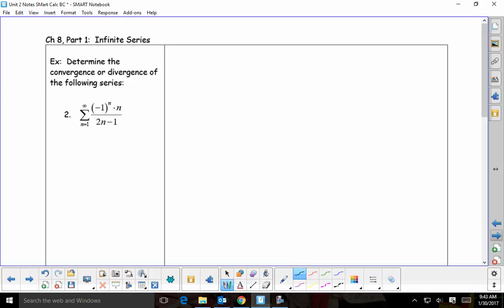Try this one with your buddies. Isn't this supposed to equal 0?